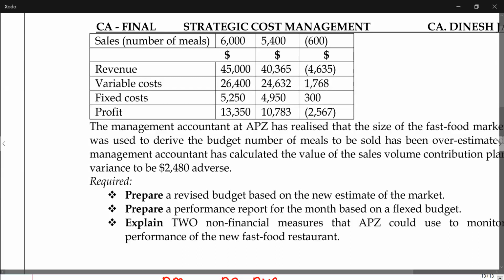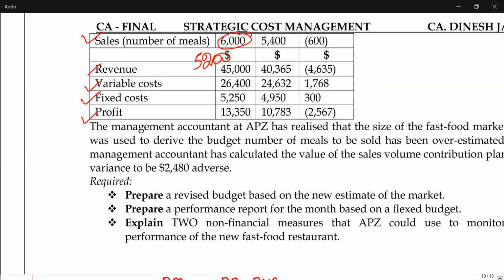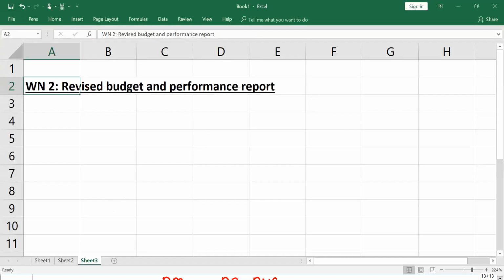It's going to be exactly this only: sales, revenue, variable cost, fixed cost, profit. Okay, I cannot combine the reports. First we'll do the budget only for 5200. Sorry about it. Let's do only the budget. Revised budget for 5200 units.